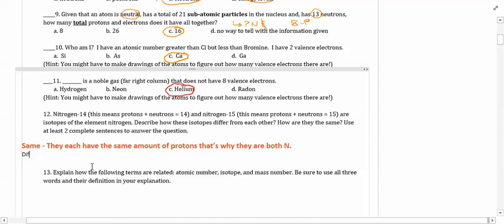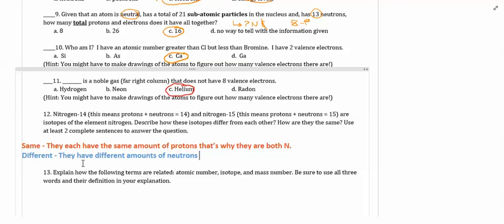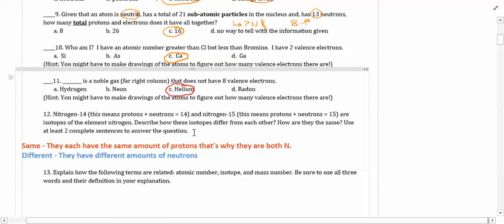For different, because they're both isotopes of each other, that means that they have different amounts of neutrons. So if you want to get really specific, nitrogen 14 has 7 protons and 7 neutrons, whereas nitrogen 15, because of that bigger number, has 8 neutrons. So it's the difference in their neutrons that tells them apart.